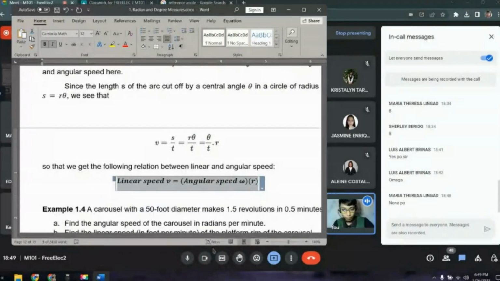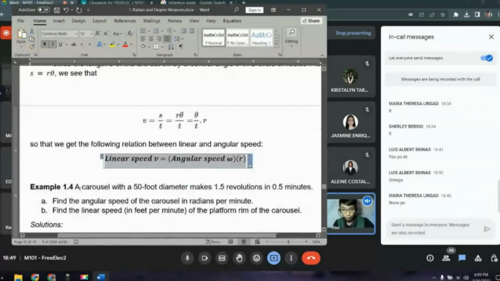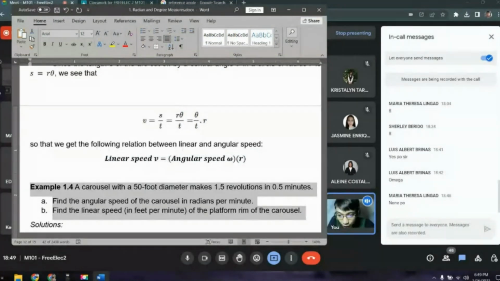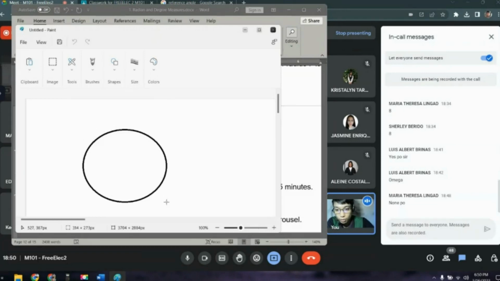Example. I think it's better if we could illustrate the given problem. There. Let's draw, okay? A carousel with a 50-foot diameter makes 1.5 revolutions in 0.5 minutes. Letter A. Find the angular speed of the carousel in radians per minute. Carousel. What is a carousel?